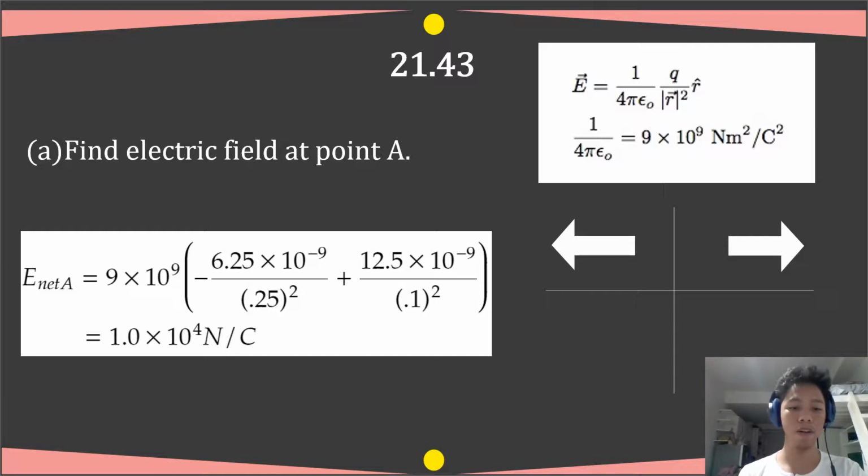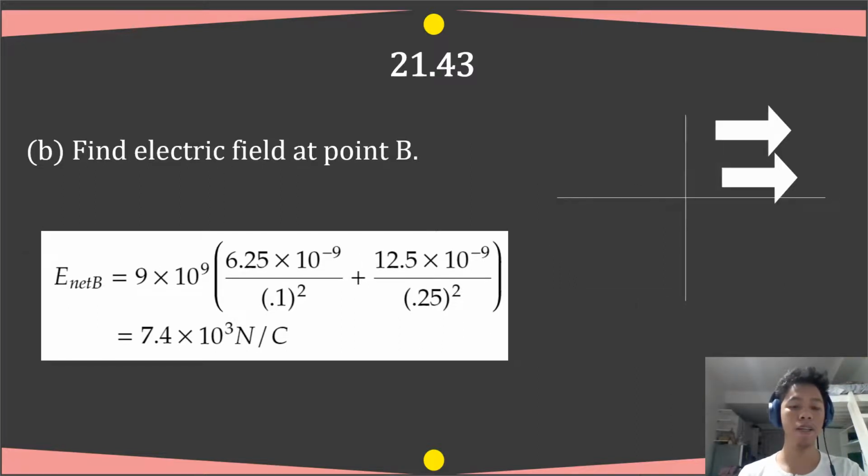That's why, in finding the net electric field at point A, we're going to subtract them. By substituting these values into the formula and inputting it into your calculator, you get 1.0 times 10 raised to 4 newtons per coulomb.